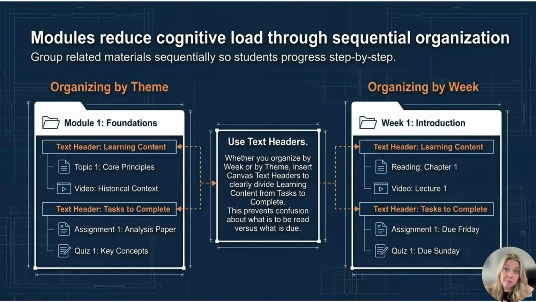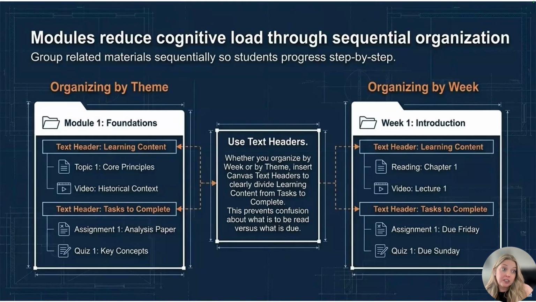One tool that I personally really like to use when I'm building my modules is the text headers, just to give them a clue in module view what they are looking at and what they can expect throughout the rest of that unit. This page here shows you an example of what that might look like. So you might have a text header with the learning content, and then the readings, the videos, or whatever activities you're asking them to do.